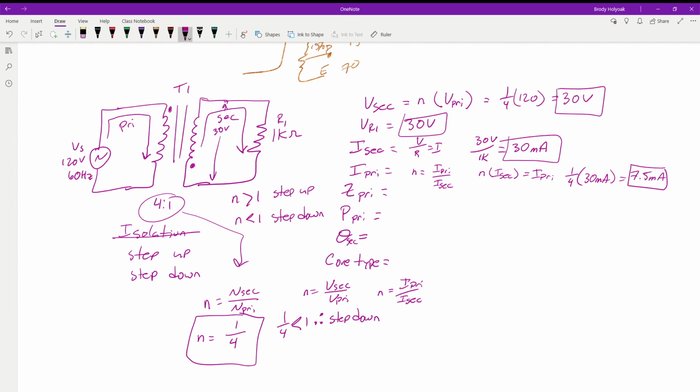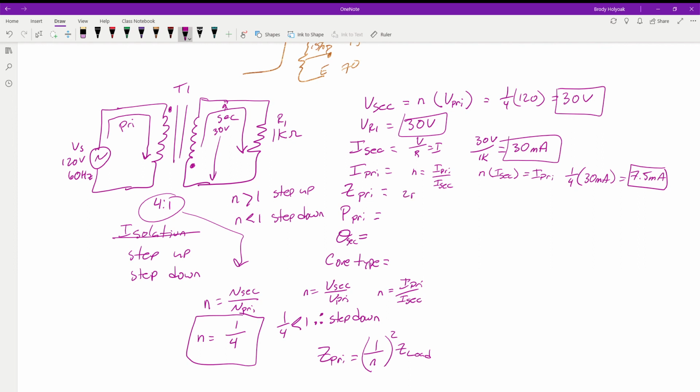The impedance that we have in the primary, so we want to take a look back at how much impedance this circuit sees. Remember our other equation: Z primary, or R primary, however you want to look at it, is equal to 1 over N quantity squared times the impedance of our load. So let's solve for that.